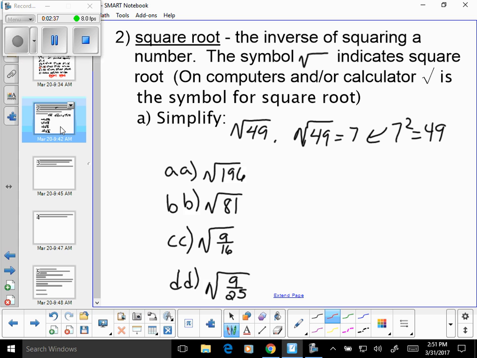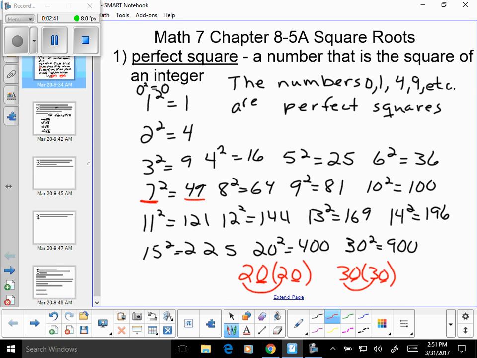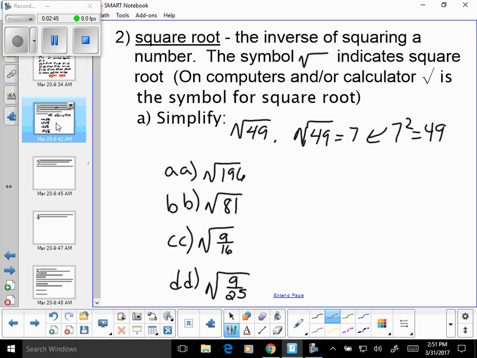The square root of 196, if we look at our list over here, 196 is going to be 14 squared. So the square root of 196 is going to be 14. The square root of 81, can you figure that one out? What number times itself gives me 81? Yes, 9.